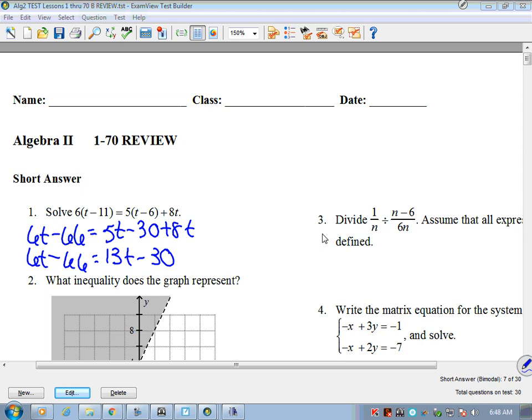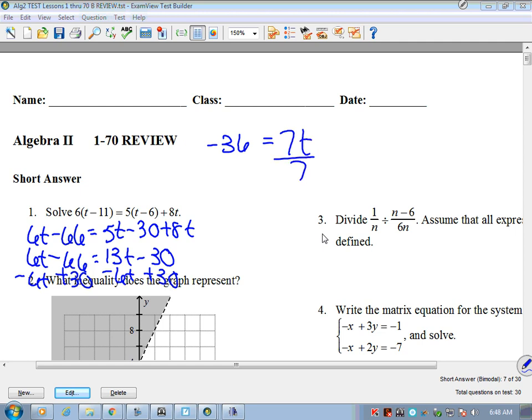Alright, at this point I would subtract 6t from 13t and add 30 to negative 66. That's going to leave me with negative 36 on the left-hand side equals what should be 7t.